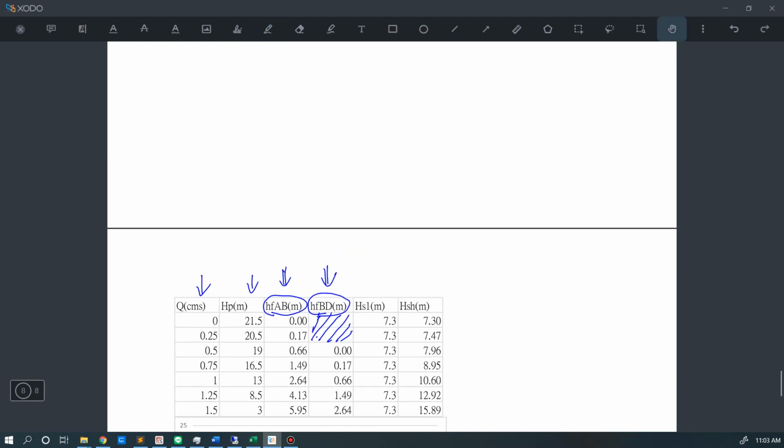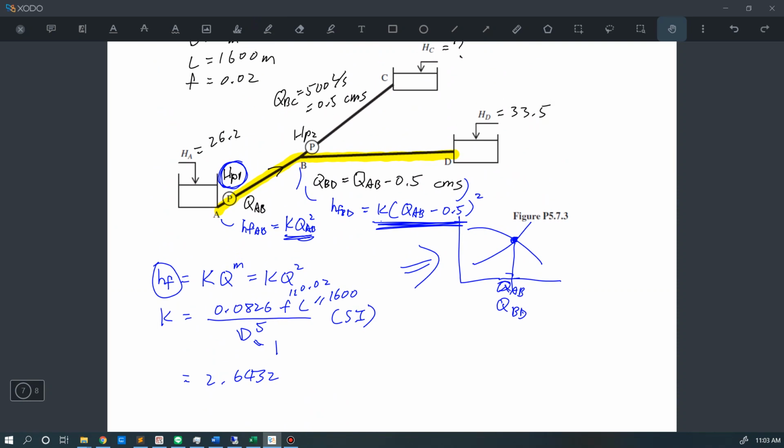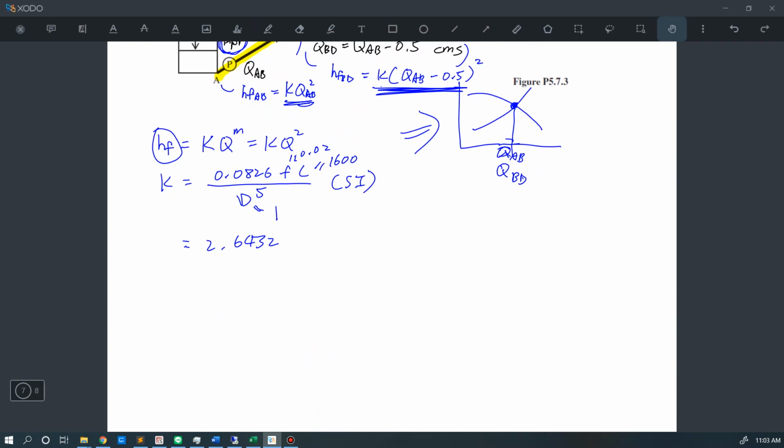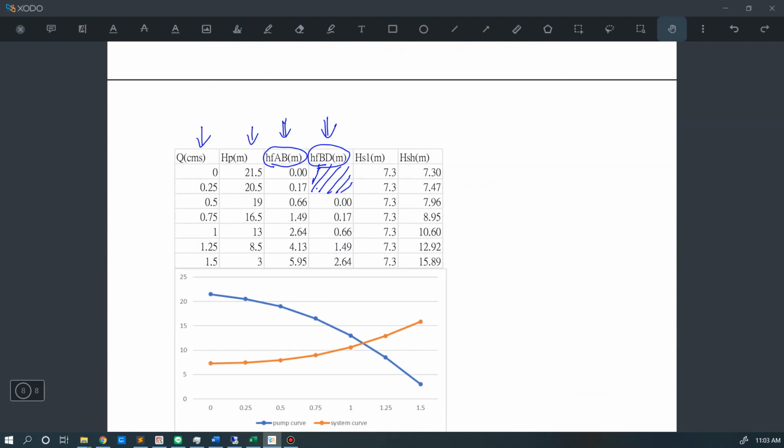In our definition, the flow is from B to D, so this QBD can never be negative. So you just apply that equation and use the flow rates shown in the first column. Then you can calculate these two friction head losses for the AB section and BD section.